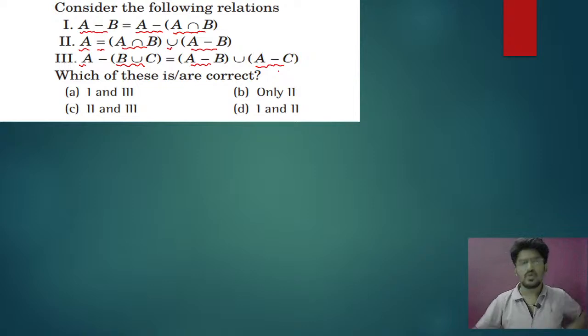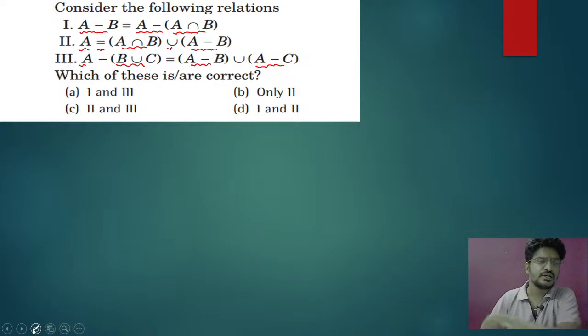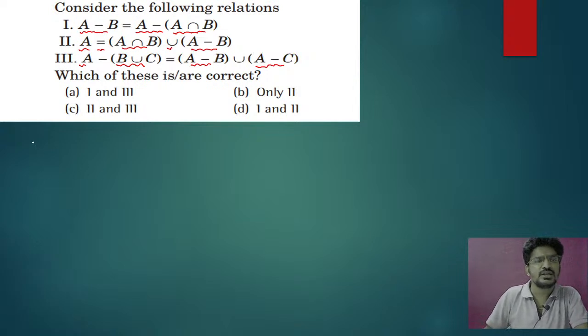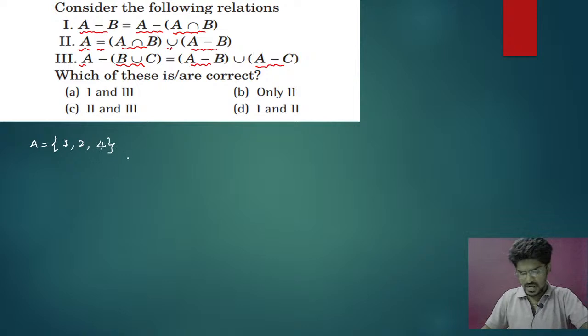To solve this, I will take some sets. I will take set A equal to 1, 2, 4, and I will take set B equal to 2, 5, 6, and I will take set C equal to 1, 5, 7.